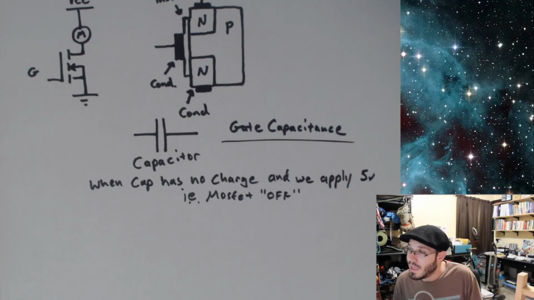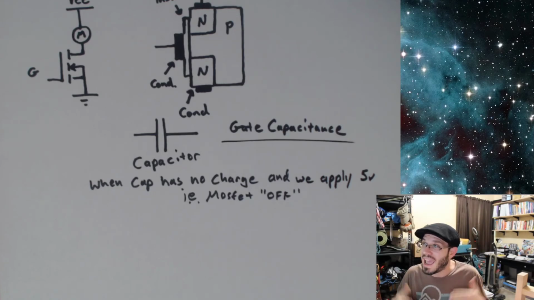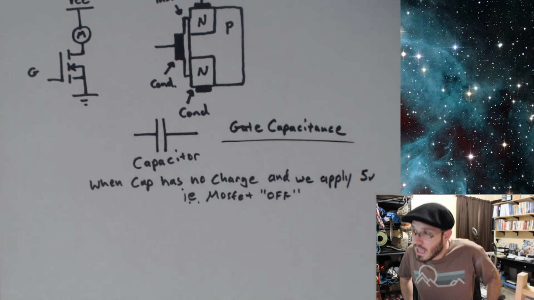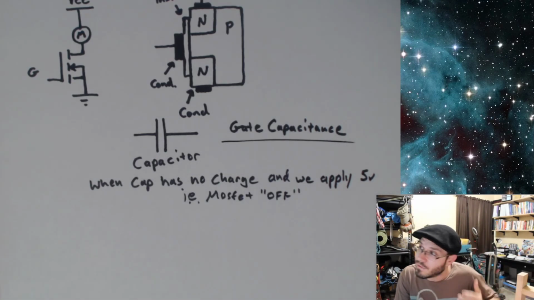The reason for that is that the cap is drawing a lot of current at time 0. Before that cap builds any charge on it, it acts like a short circuit for that brief moment in time. For that fraction of a second, it draws a lot of current.